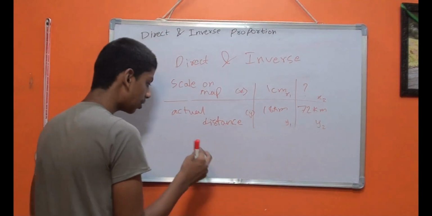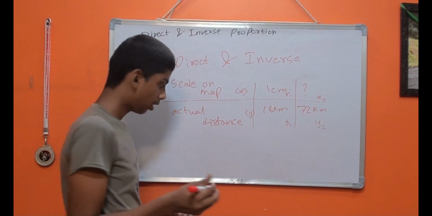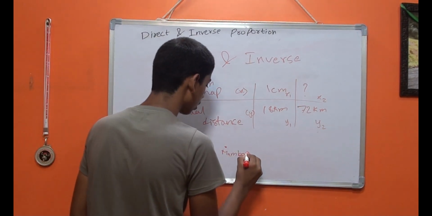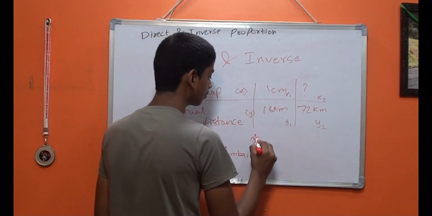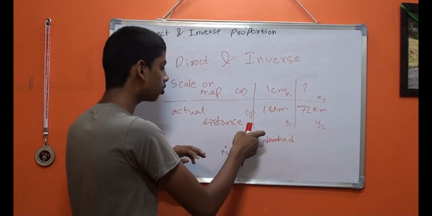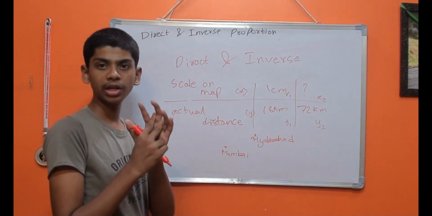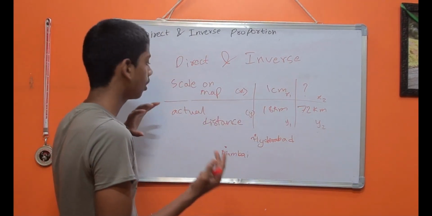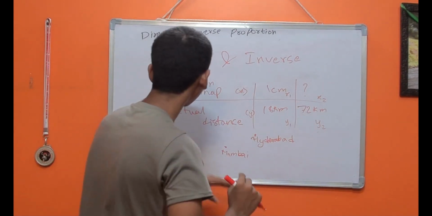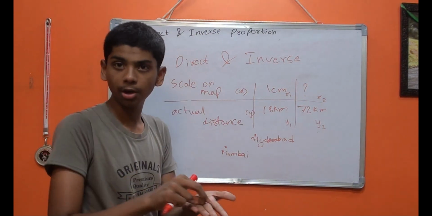Friends, now if you take the map of India or some other place, for example here is Mumbai and here would be Hyderabad. The distance between this point and this point is very small on the map, but it is very large in real life. That's why they would give a scale on the map.